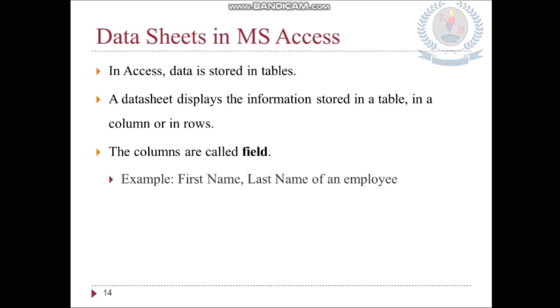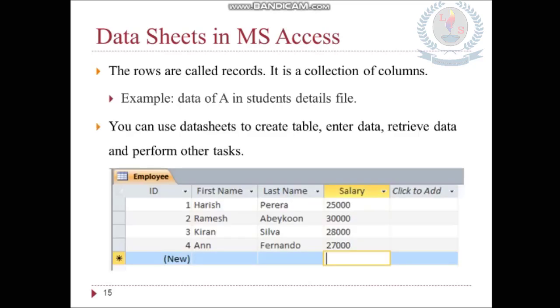For example, I have taken first name and last name of an employee. If you are going to store employee details in a database, you can take columns, or else fields, like first name and last name.